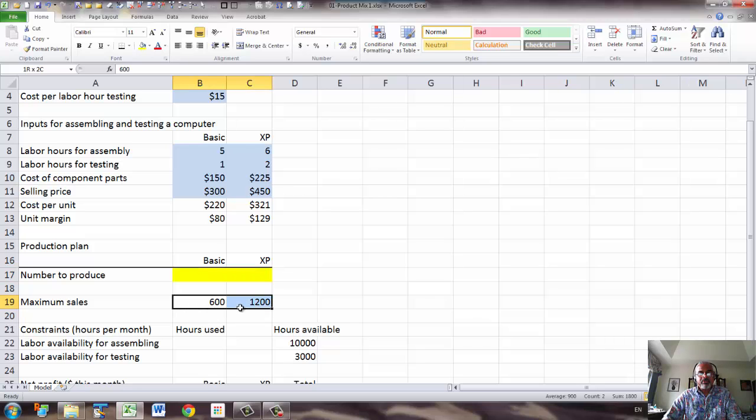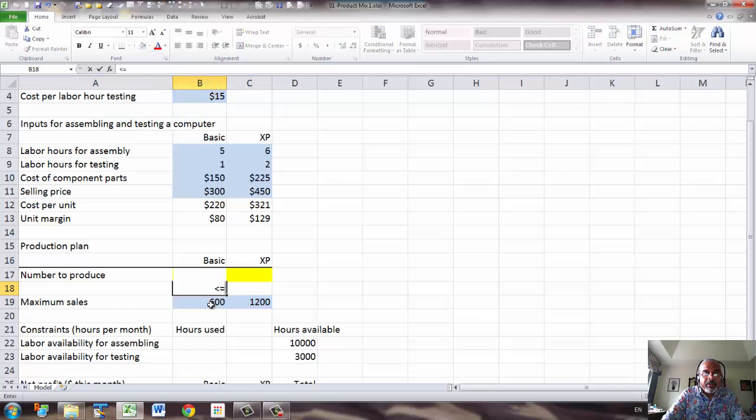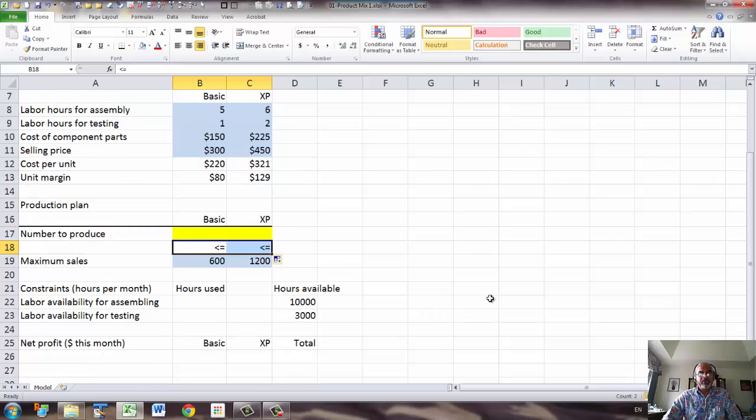This is the maximum number of units that we will be able to sell, and that's again an input number. We are given that, and we want to make sure that how many units we produce of basic is less than or equal to 600, and XP is less than or equal to 1200. Now we have the hours used constraint.